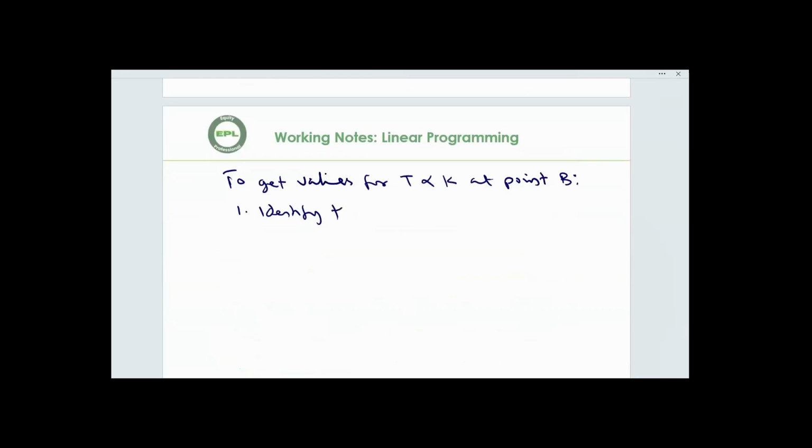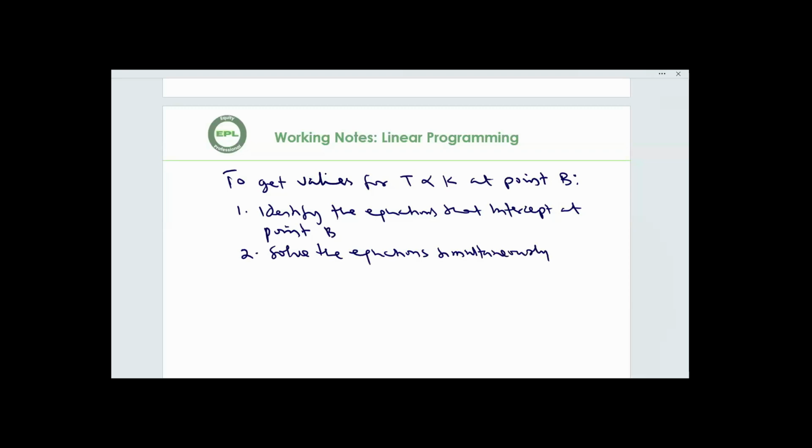So step 1, identify the equations that intercept at point B. Then step 2, solve the equations simultaneously.